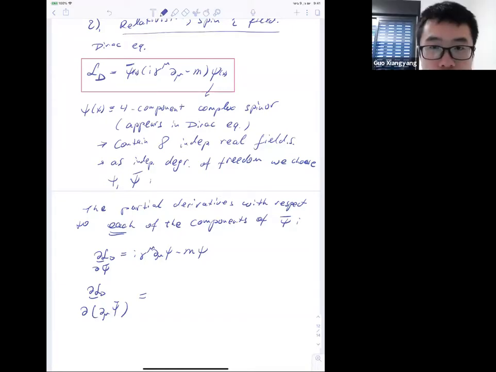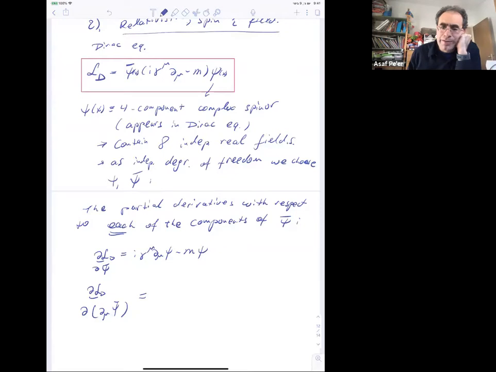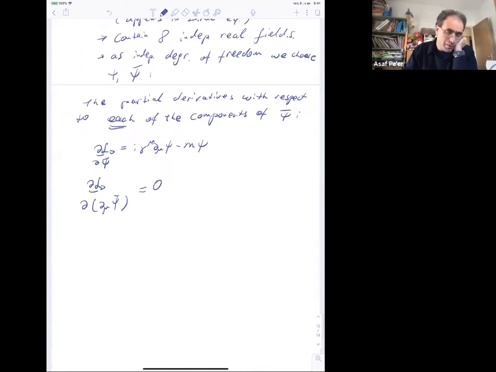It is 0. d mu psi bar doesn't appear in the Lagrangian at all. What will be the Euler-Lagrange equation then?